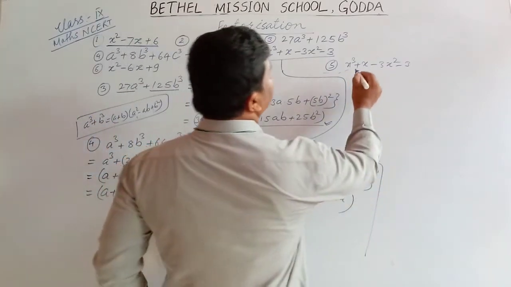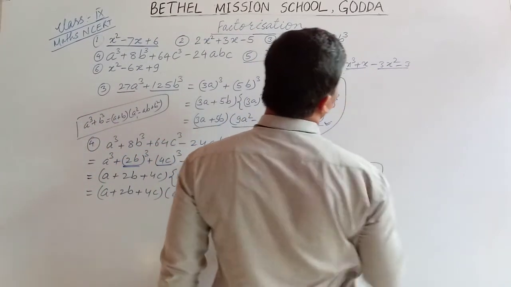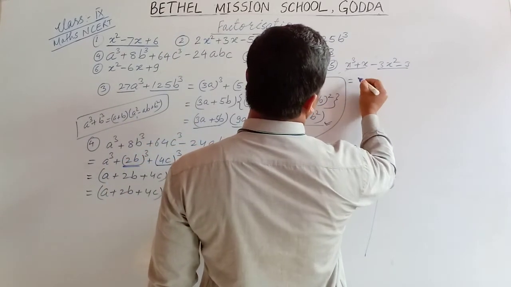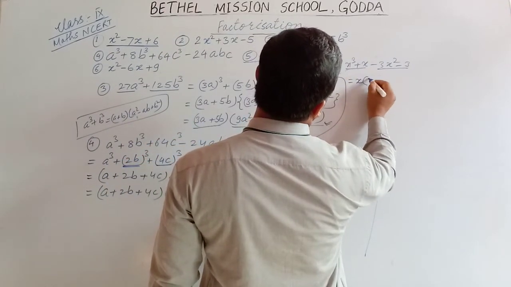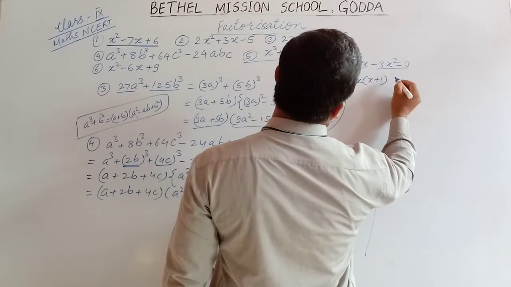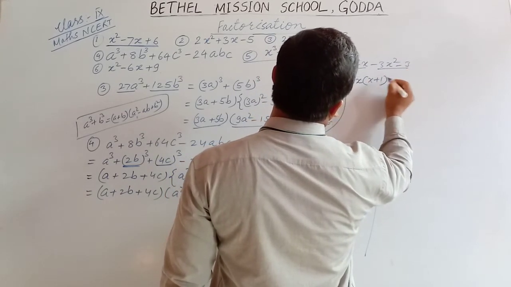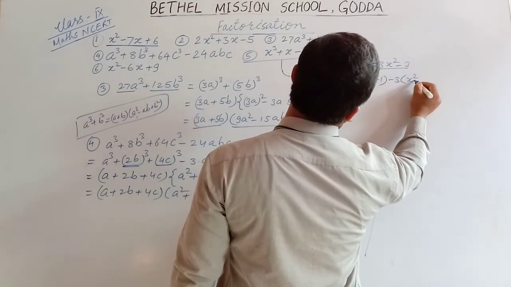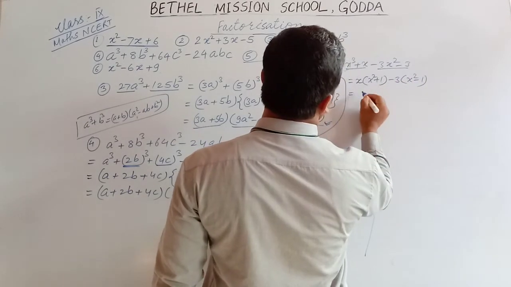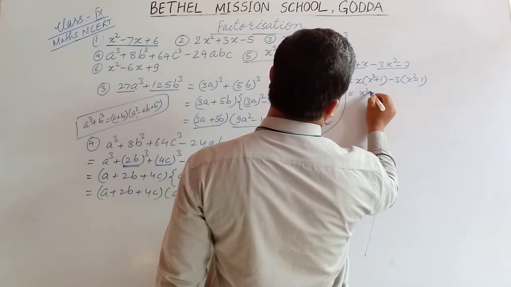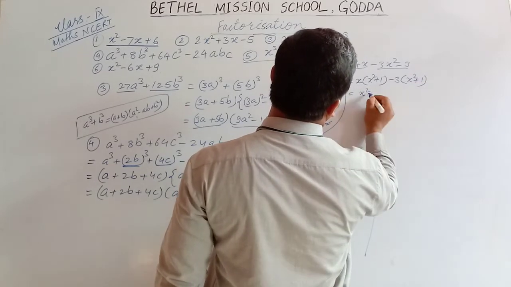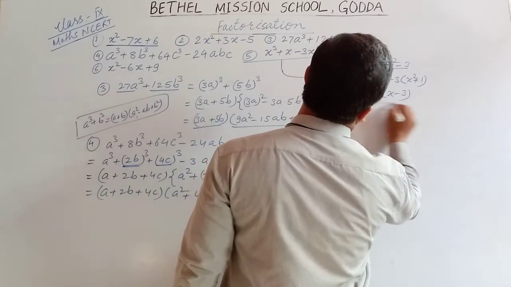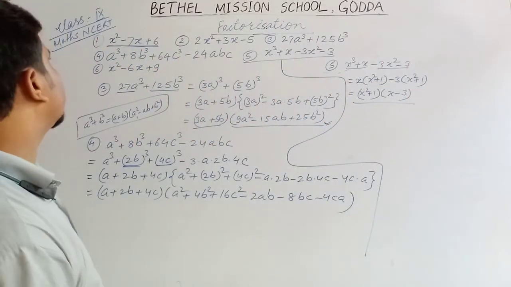I think by taking two pairs we can factorize it. From these two, x will come out and x square plus 1 remains, and from these two, minus 3 will come out and x square plus 1 remains. Then what will be? x square plus 1, and here x minus 3. So you can see this is the way.